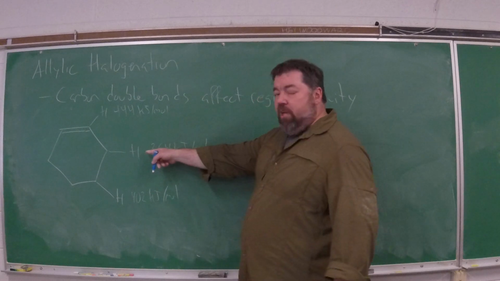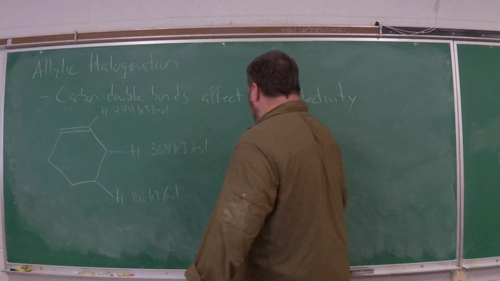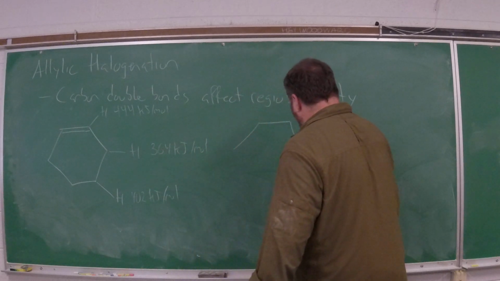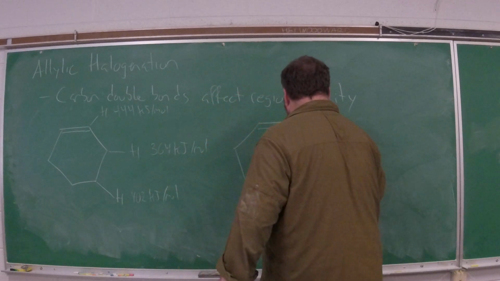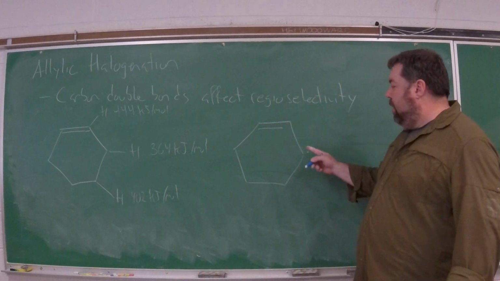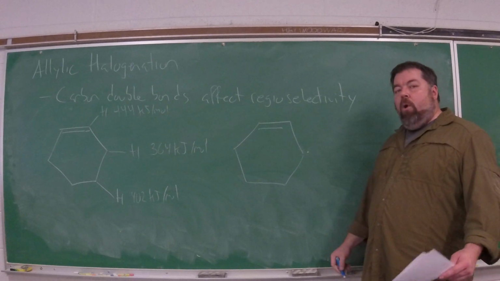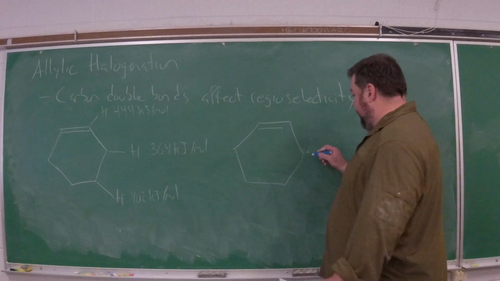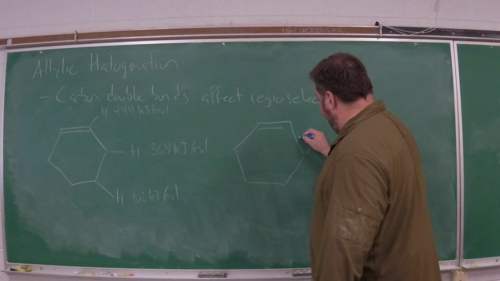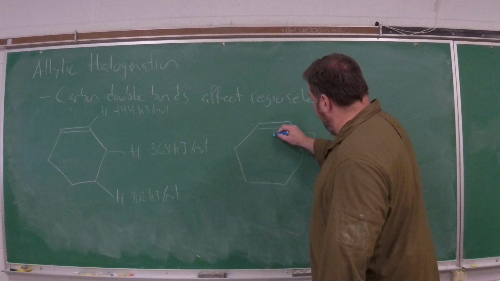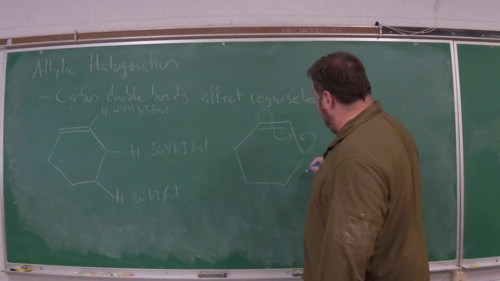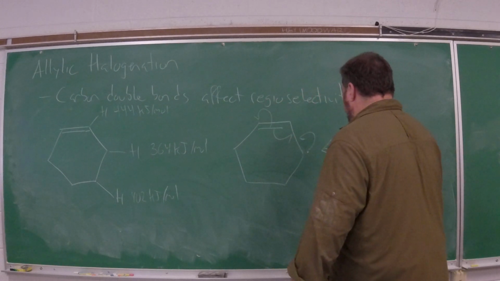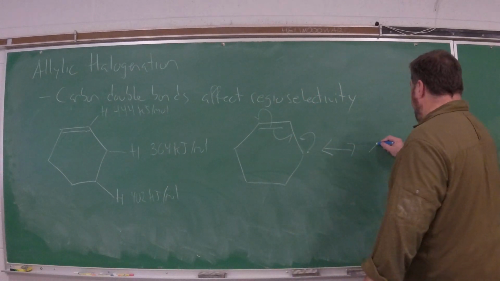Say we remove this hydrogen right here, okay? And we end up with this, right? You abstracted that hydrogen, right? Well, we have one resonance structure anyway. And we'll end up with this.